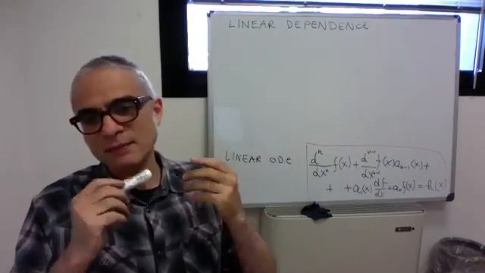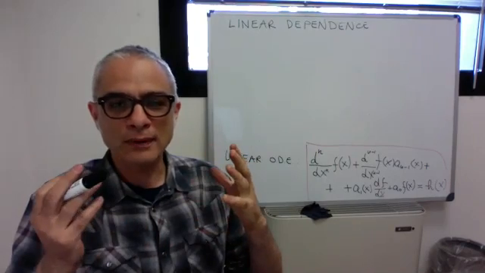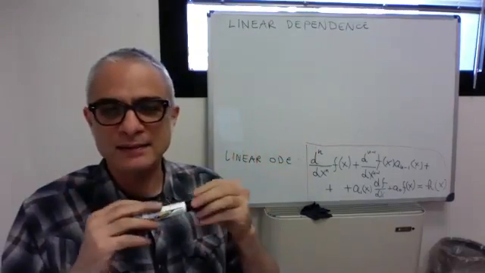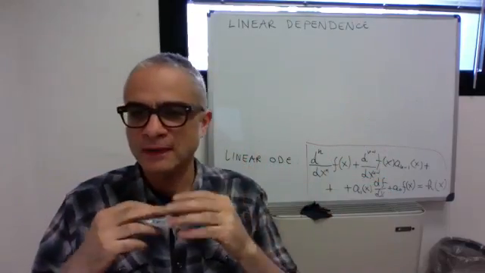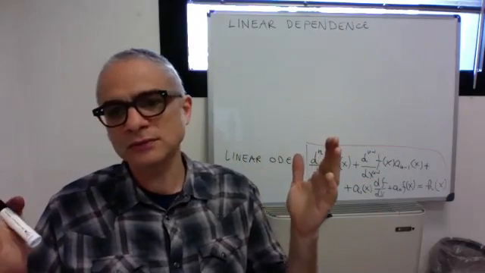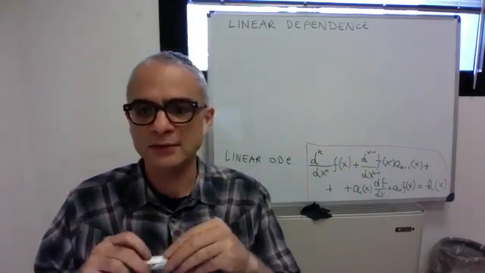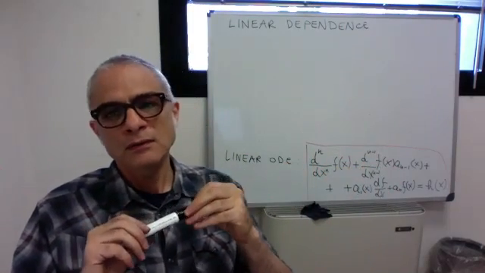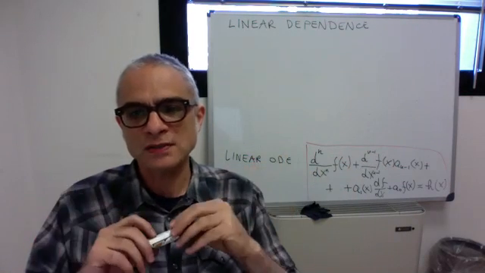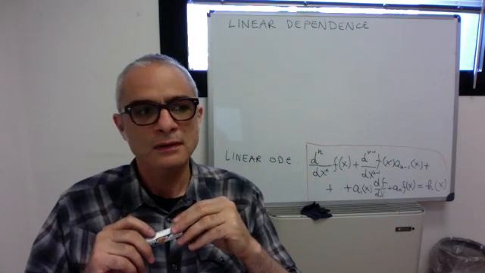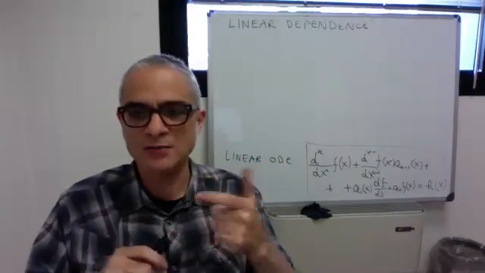The question that is in my mind right now is, if I say linear dependence, does that strike a bell? Forget ODEs for a second, but if I tell you that two vectors are linearly independent or linearly dependent, what does that mean to you? In 3 dimensions, can you give me an example of two vectors that are linearly independent in the 3-dimensional space, X, Y, Z?